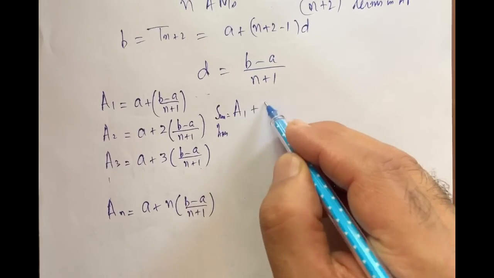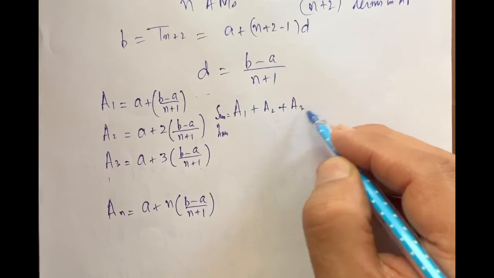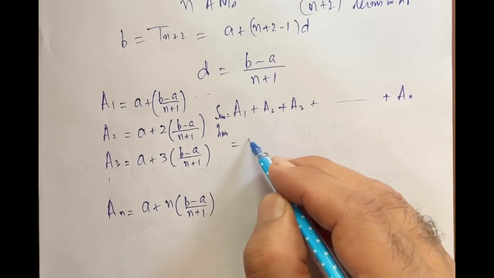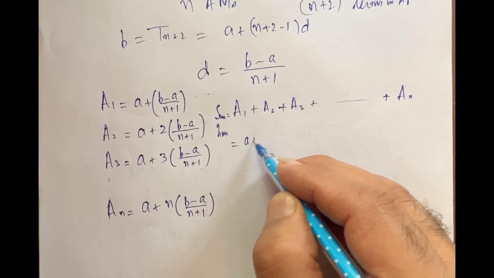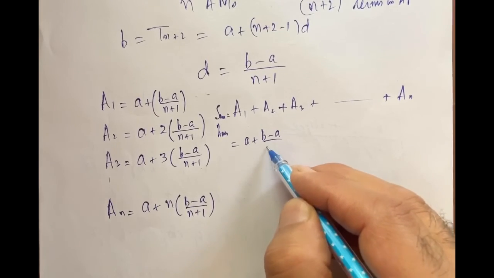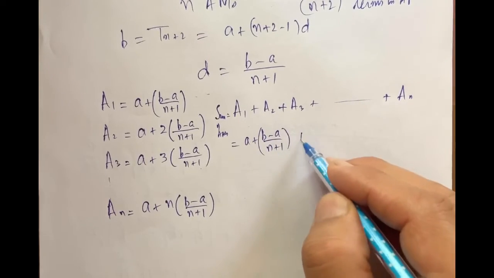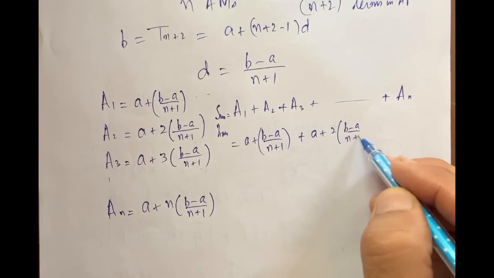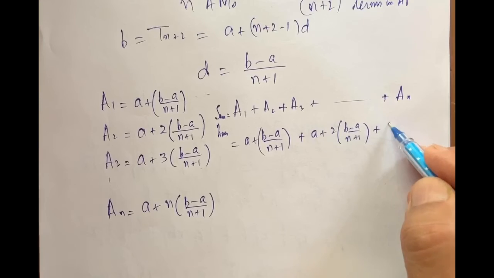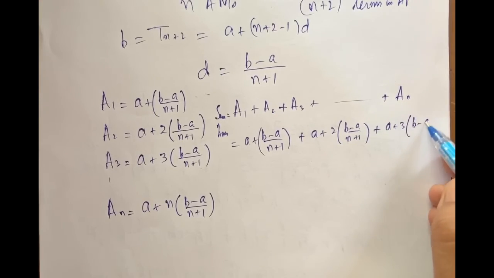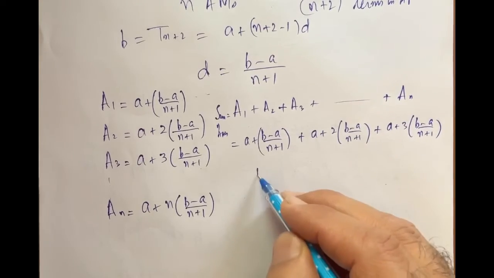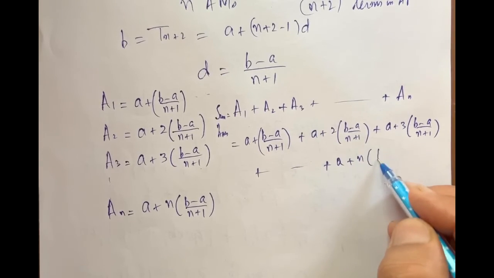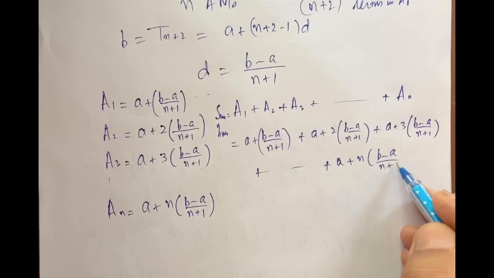This is equal to a1 plus a2 plus a3 and so on up to an. This is a plus (b minus a) upon n plus 1, plus a plus 2 times (b minus a) upon n plus 1, plus a plus 3 times (b minus a) upon n plus 1, and so on, plus a plus n times (b minus a) upon n plus 1.